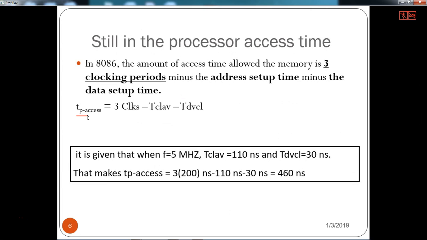So the processor time is 3 clock periods minus the address setup time.